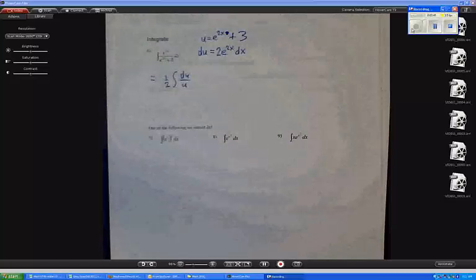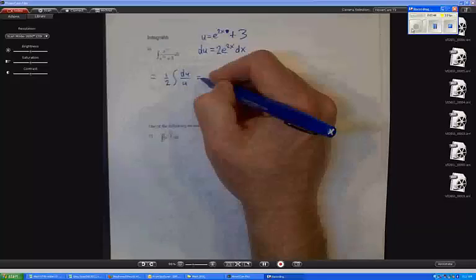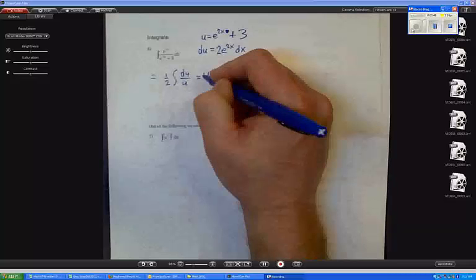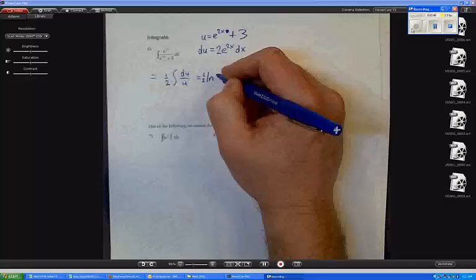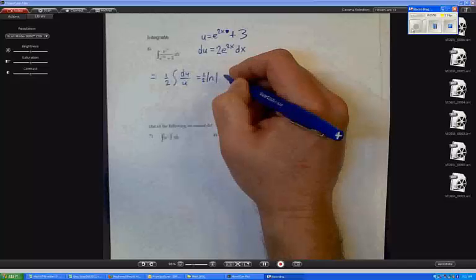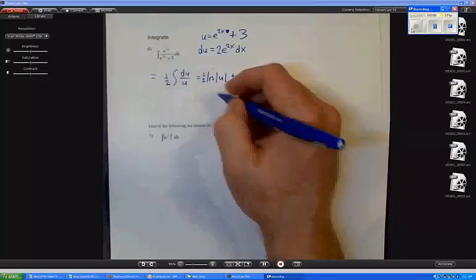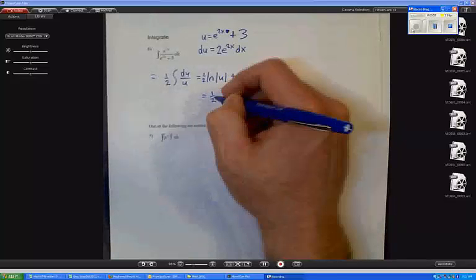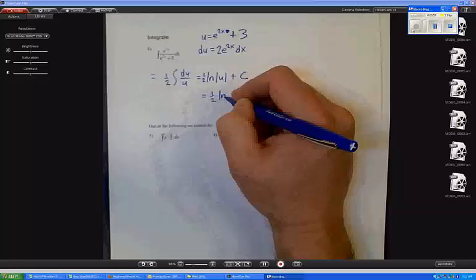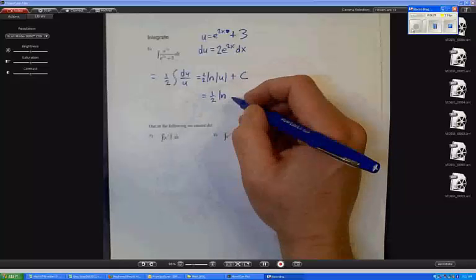So the 1/2 puts the 2 where I need it. So this is 1/2 the natural log of the absolute value of u plus c. So this is 1/2 the natural log of, well, of what?